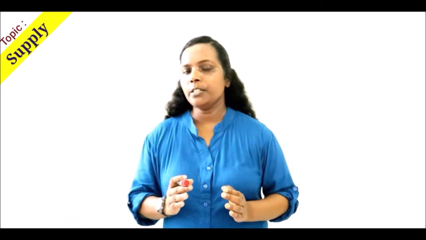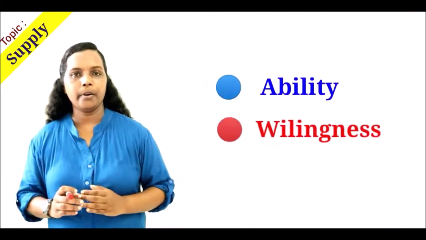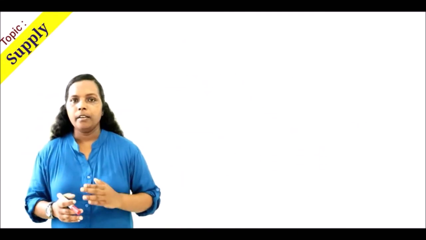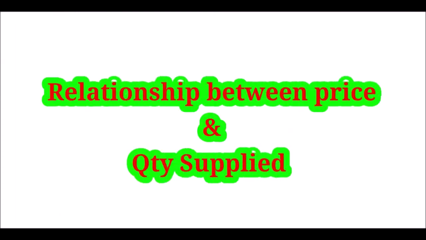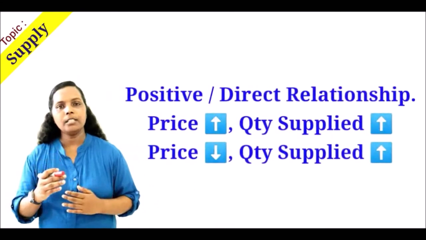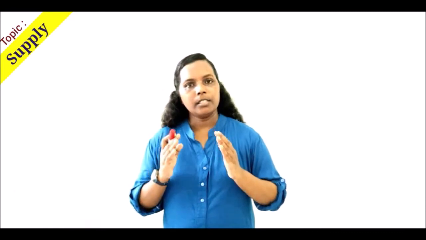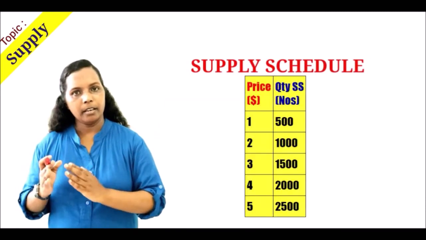Now, I would like to summarize the points. First, we learned the definition of supply, the ability and willingness to sell a product. Next, the relationship between the price and quantity supplied. There is a positive relationship between the price and quantity supplied. Then we discussed the supply schedule and supply curve.